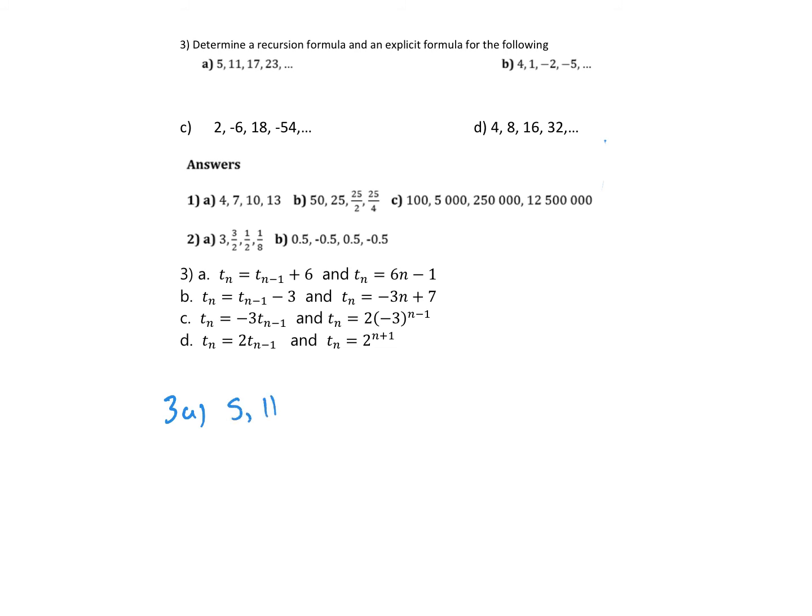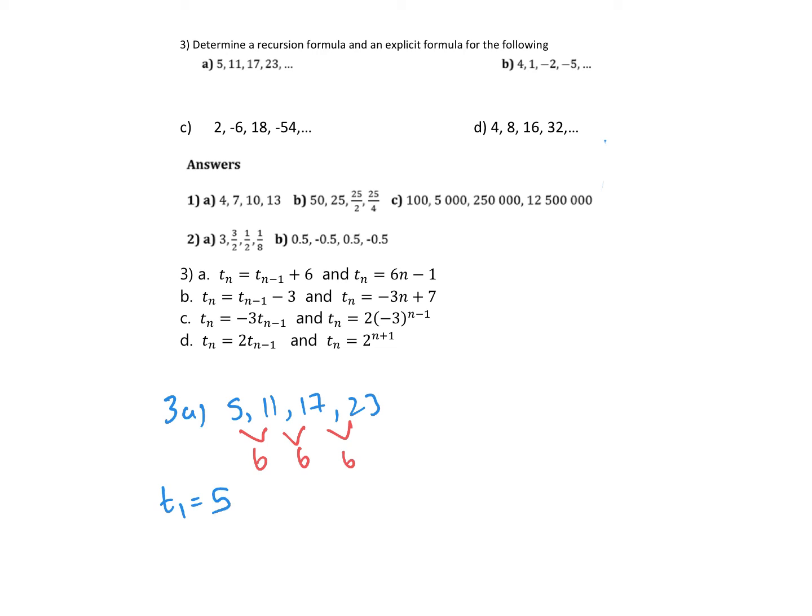So here are the numbers given. I can see that there's a common difference of 6, so they're going up by 6. So it's an arithmetic sequence. I'll write down t sub 1, the first term, which is 5.